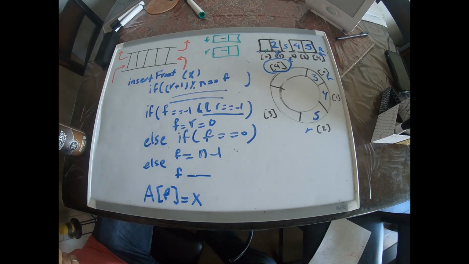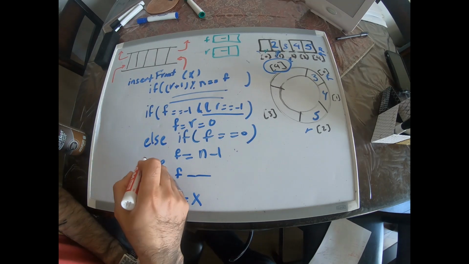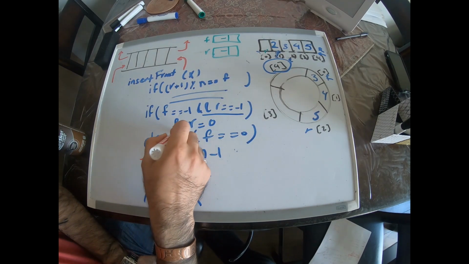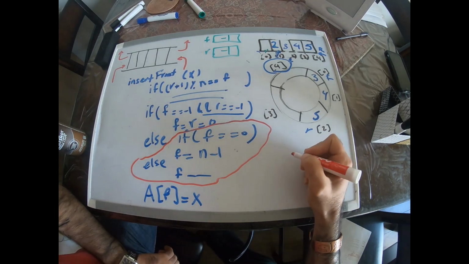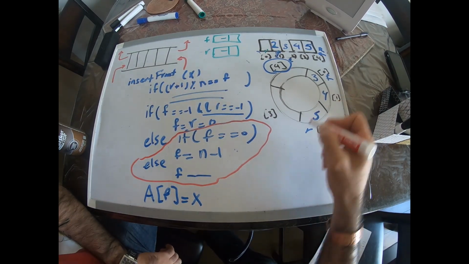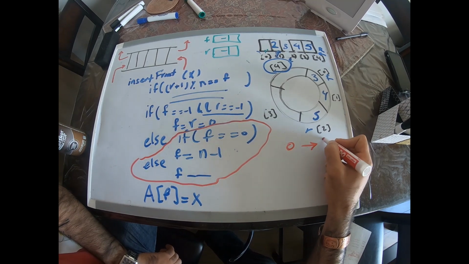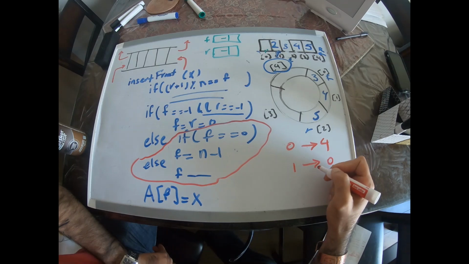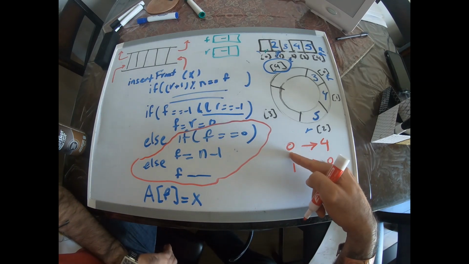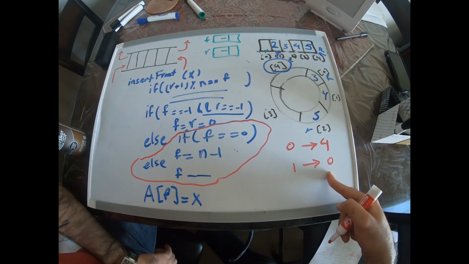I can also reduce this to something like this. You remember that if it is 0, we want it to become 4. If it is 1, we want it to become 0. So for any other number other than 0, we're just decrementing.